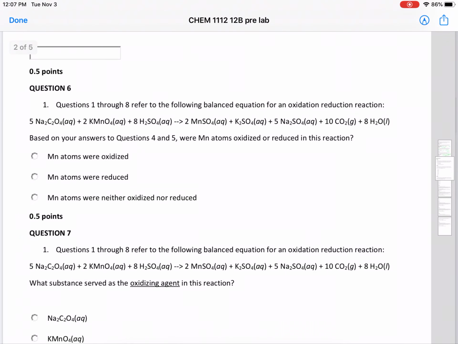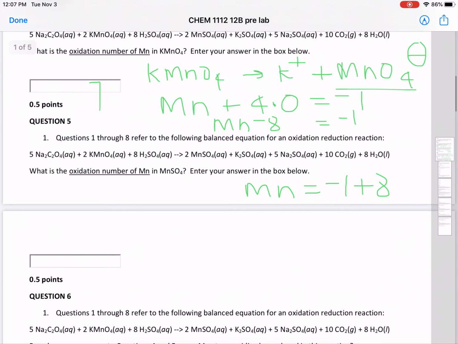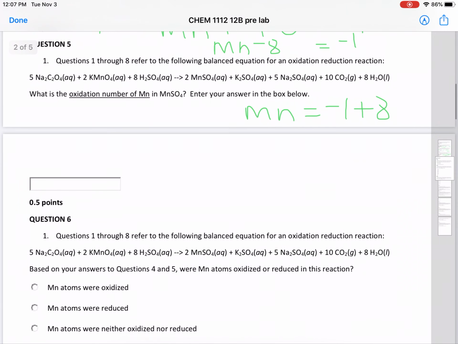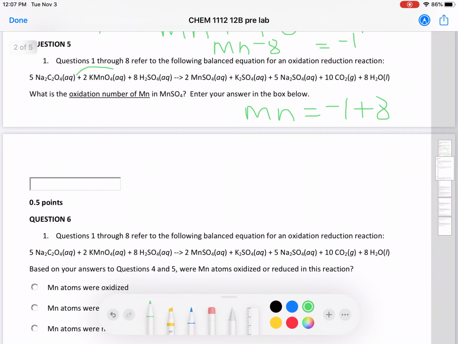The next one over here. We have potassium permanganate in our equation. Potassium permanganate is over here, and it is becoming manganese sulfate. Now we're going to find out what the oxidation number is for manganese in manganese sulfate.